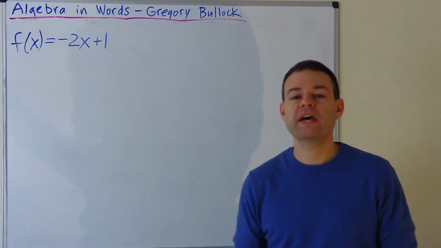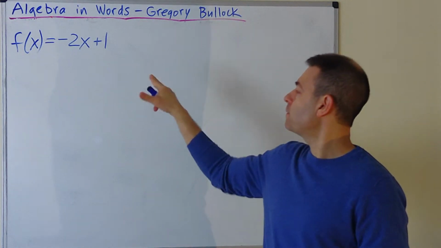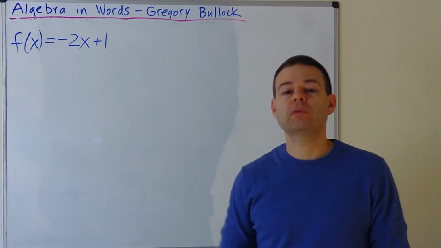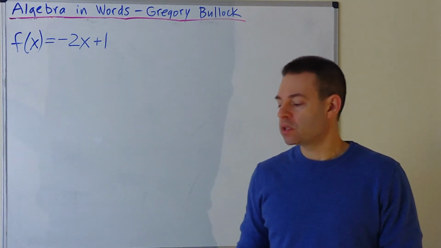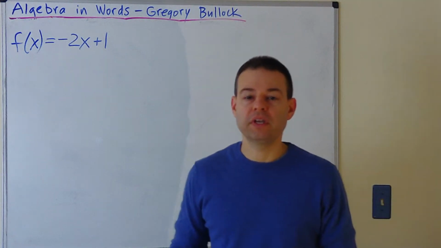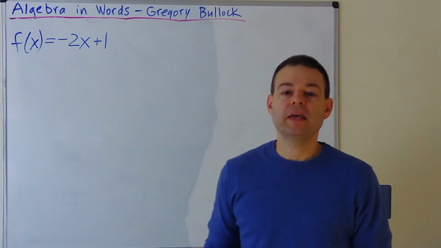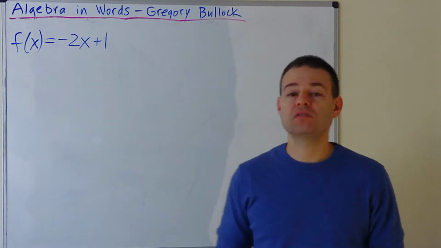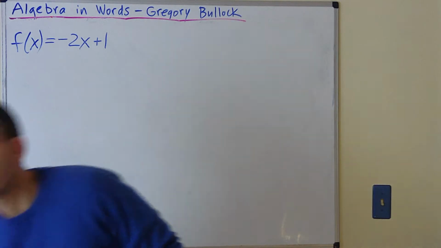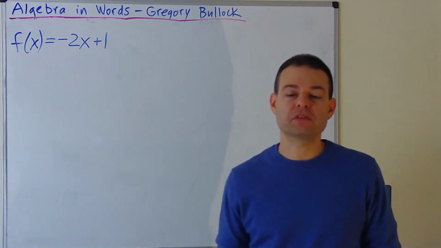The next problem that I have on the board is f of x is equal to -2x plus 1. If you're following the Rockswold-Krieger book, this would be number 44 in section 8.1. They give you a function and they want you to sketch the graph of this function.